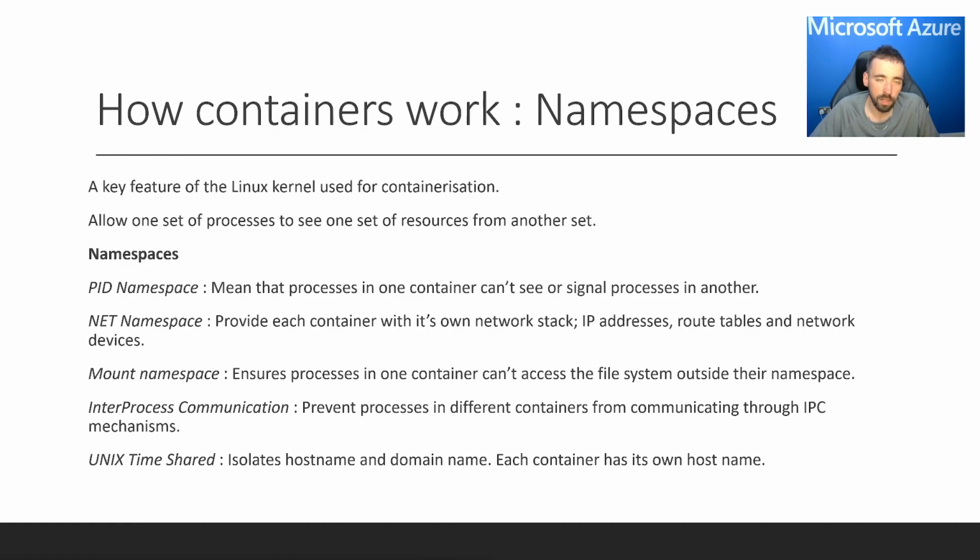Inter-process communication prevents processes in different containers from communicating through IPC mechanisms. And Unix time-sharing, which isolates host name and domain name. Each container has its own host name, just like a virtual machine would. So ultimately, this feature of the Linux kernel is one of the core components of the kernel that's used to virtualize the application.